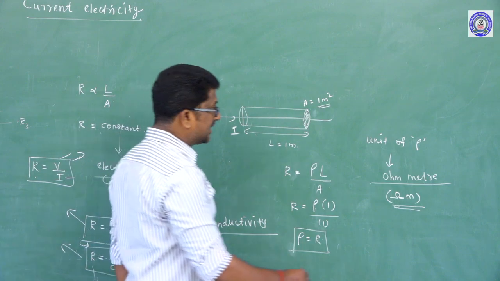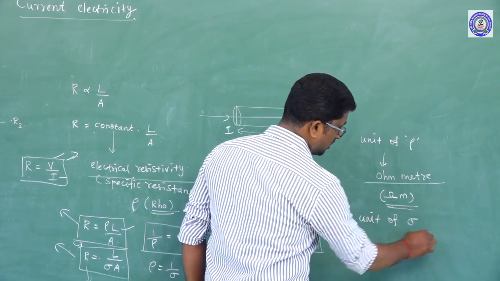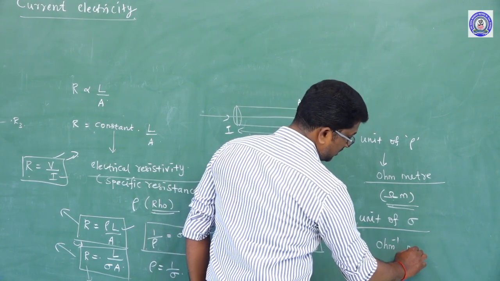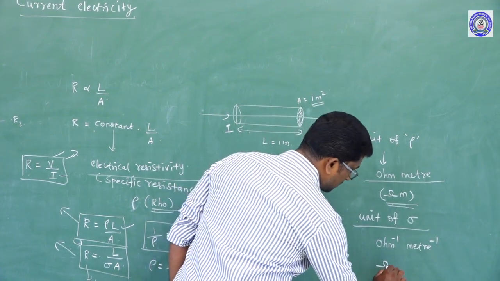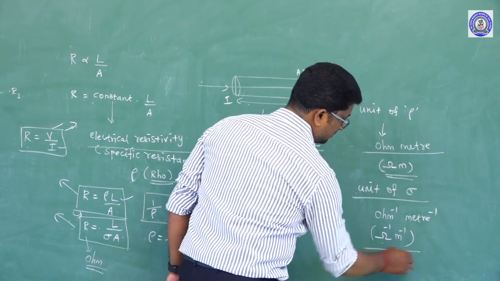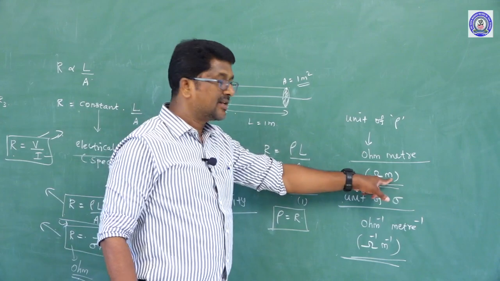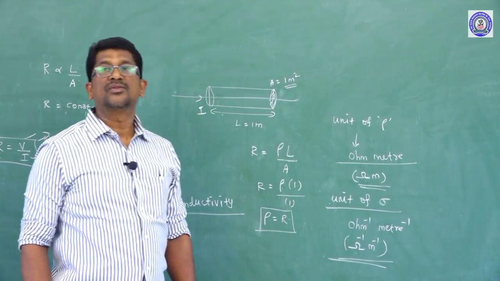The unit of conductivity, that is sigma, is ohm inverse meter inverse, or a symbol like this. Ohm is the unit of resistance. Ohm meter is the unit of resistivity. Ohm inverse meter inverse is the unit of electrical conductivity.